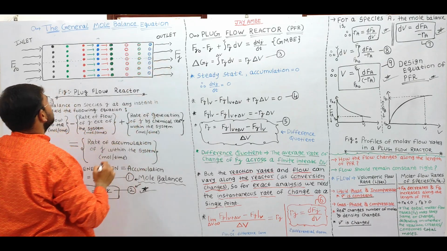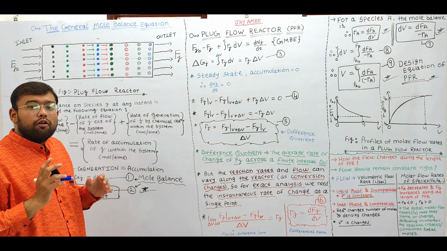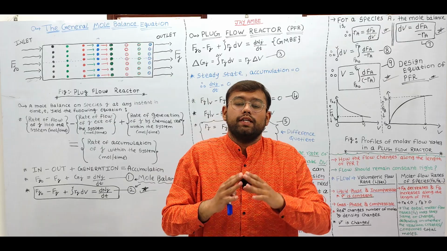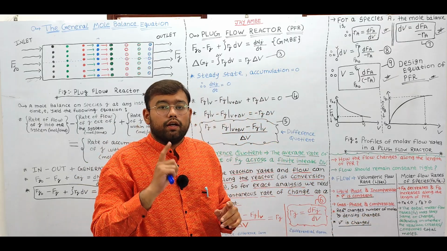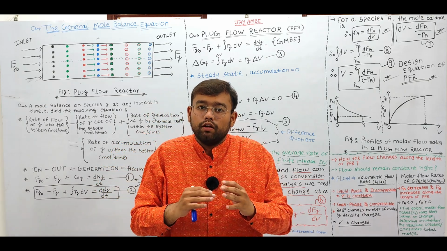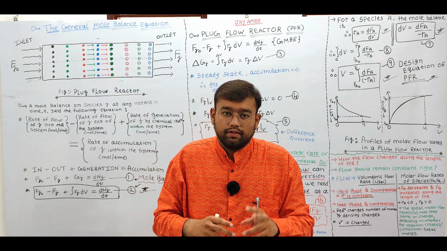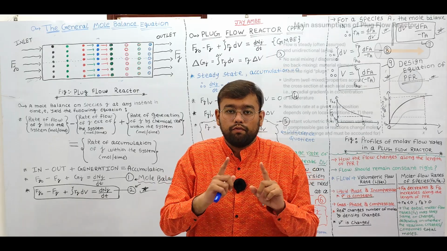Now the second assumption is there will be no axial mixing between the fluid which is exiting the reactor and the fluid that is entering the reactor, and there will be uniform mixing of all the fluid molecules in the radial direction. It's the second assumption in order to account for the ideal plug flow reactor.